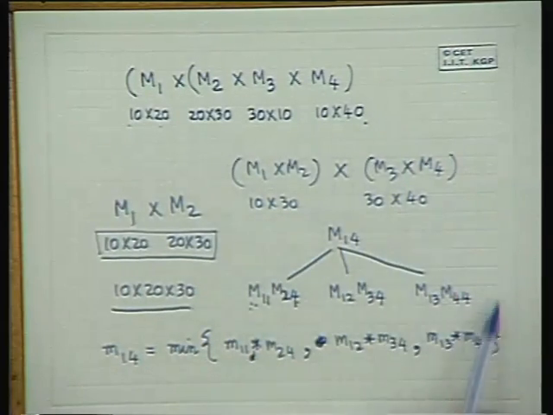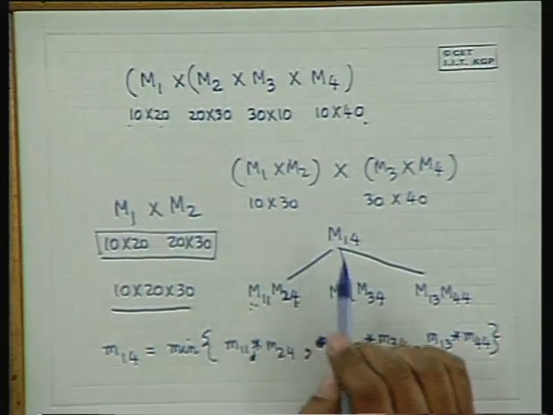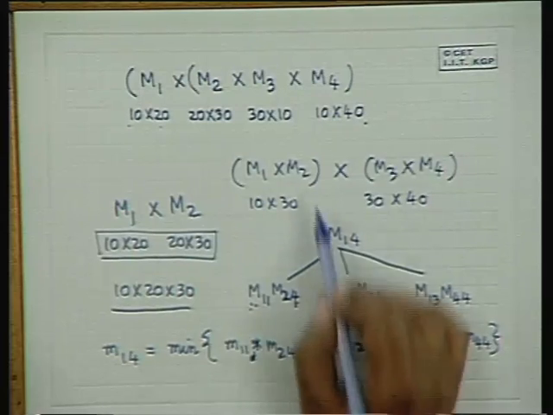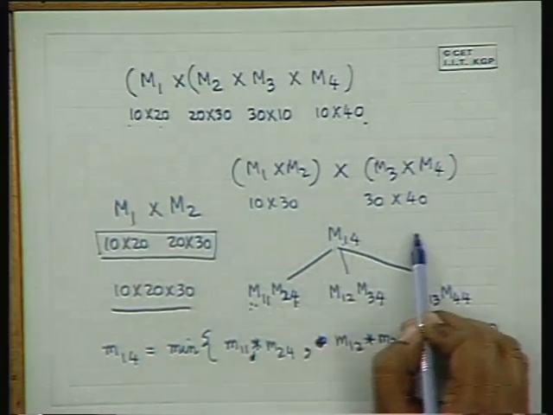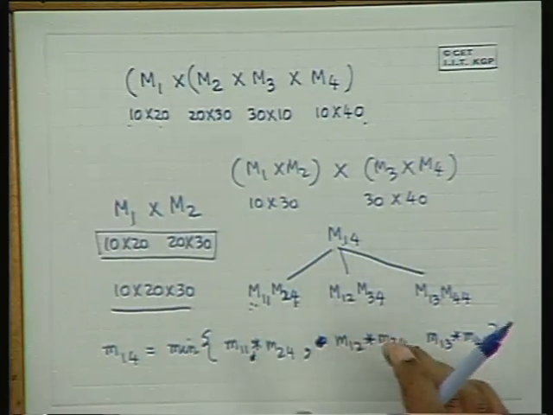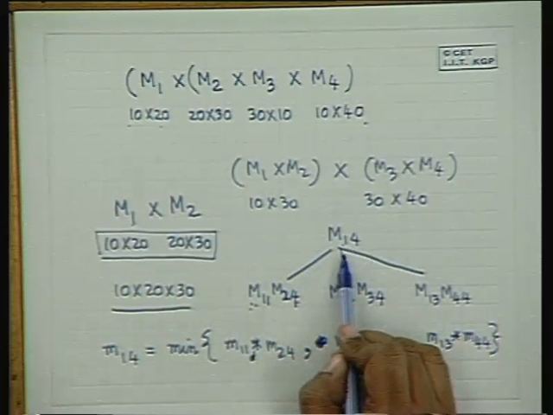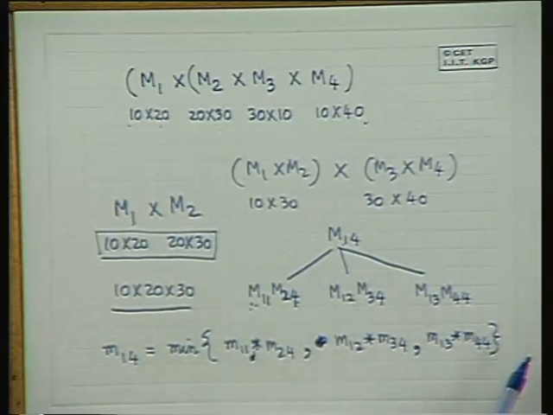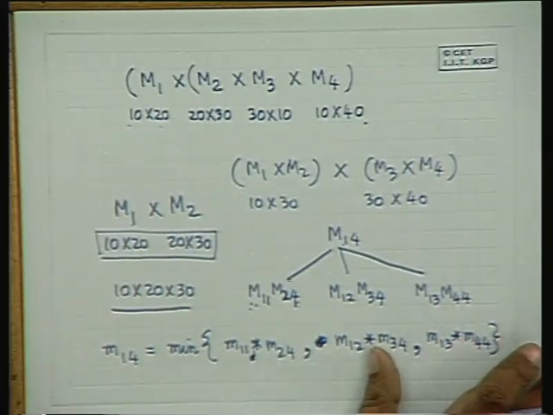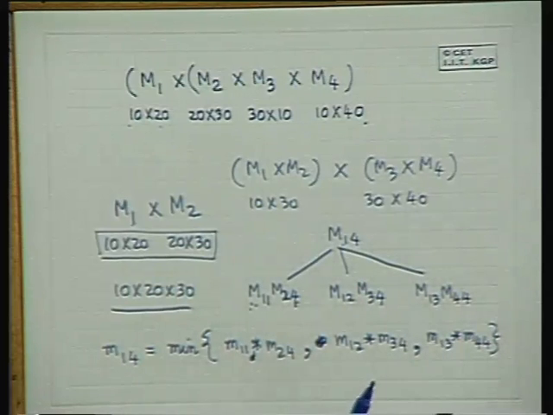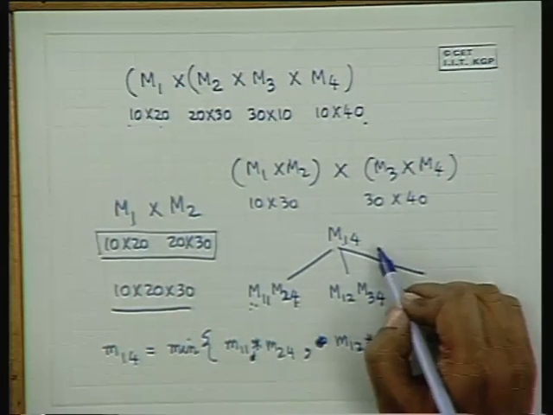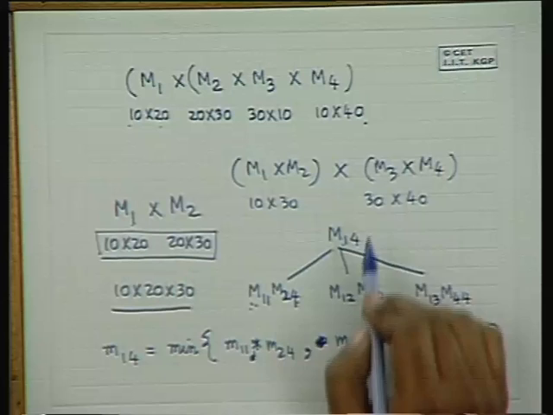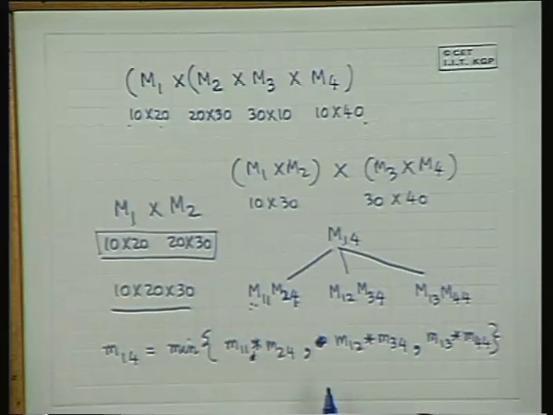So, this way you can set up the equations, and you will see that when you have a large one, say 10 matrices, you will have multiple occurrences of, say, M25 in many places in the recursion. If you draw up the full recursion tree, you will see a lot of identical subproblems coming up, and this is a problem which is a very clear candidate for dynamic programming.